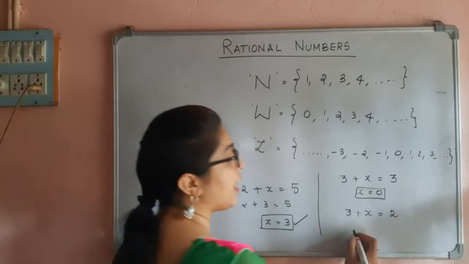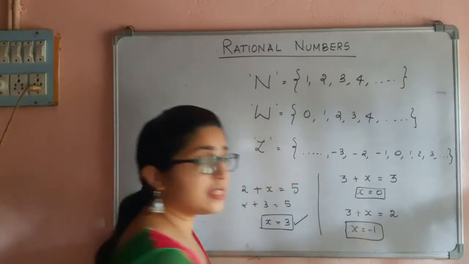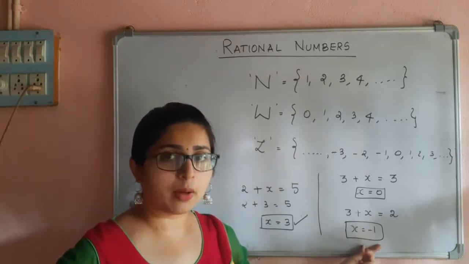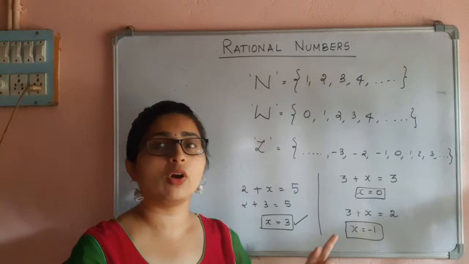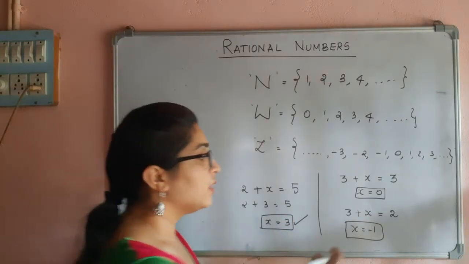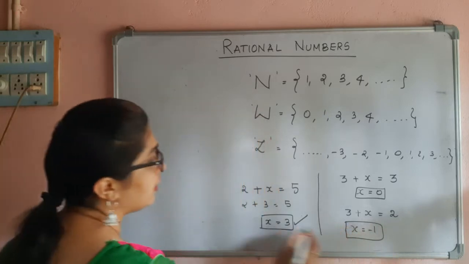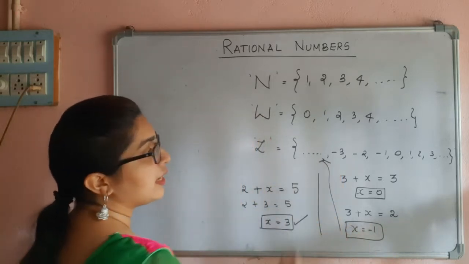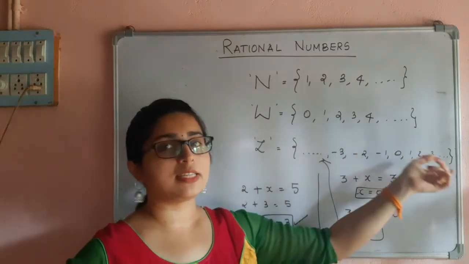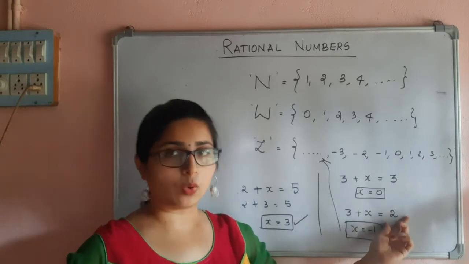That means x is equal to -1. So, does this belong to the whole numbers or natural numbers? No, it does not. This is an integer, right? A negative number. So that comes under the set of integers. Only if I consider the set of integers, will this satisfy the equation.